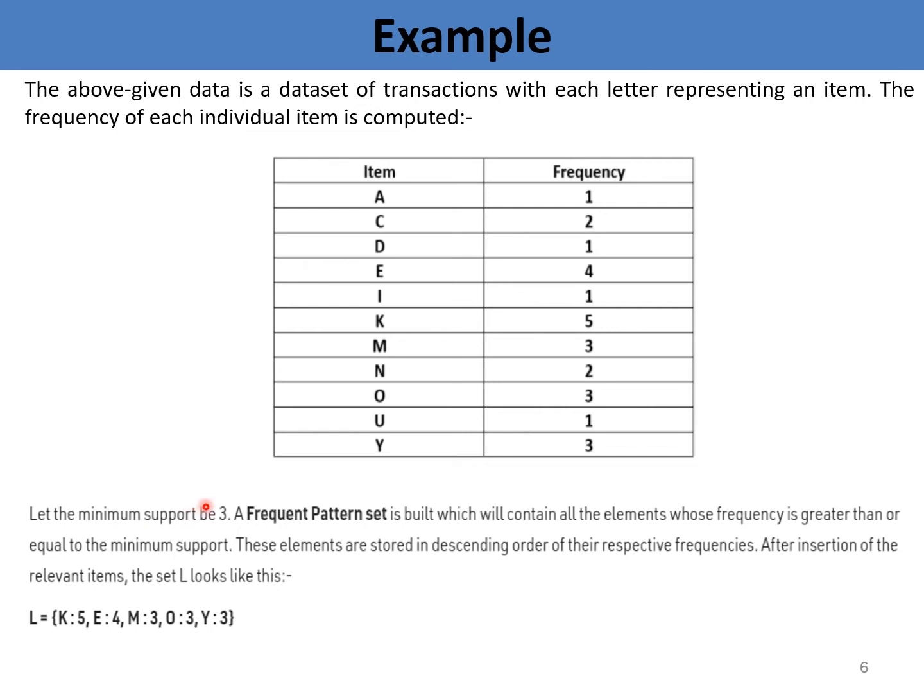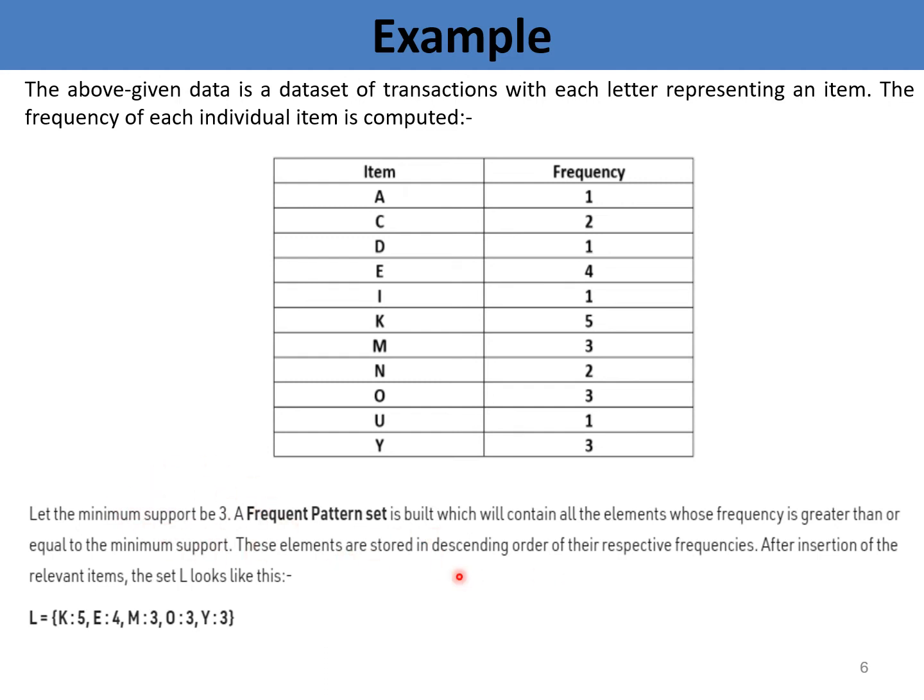Now we will take a minimum support threshold value, for example, 3. So we have to take only those items whose support is equal to or greater than 3. A frequent pattern set is built which will contain all the elements whose frequency is greater than or equal to the minimum support, and the minimum support is given as 3.